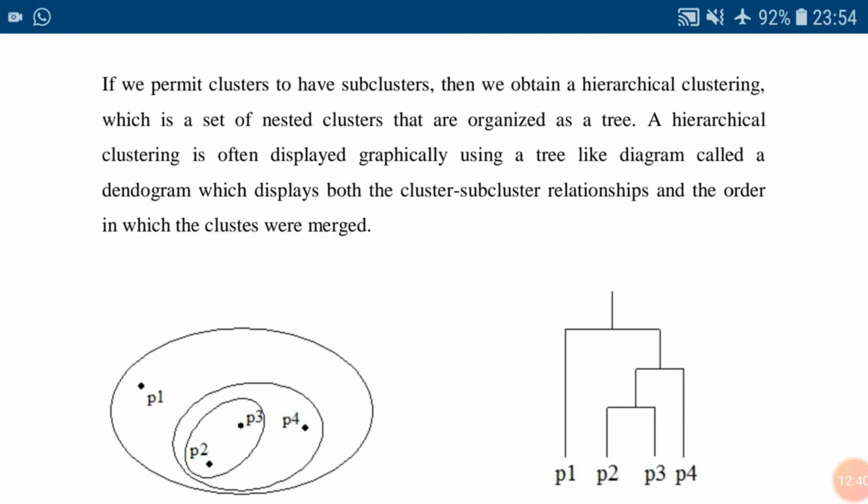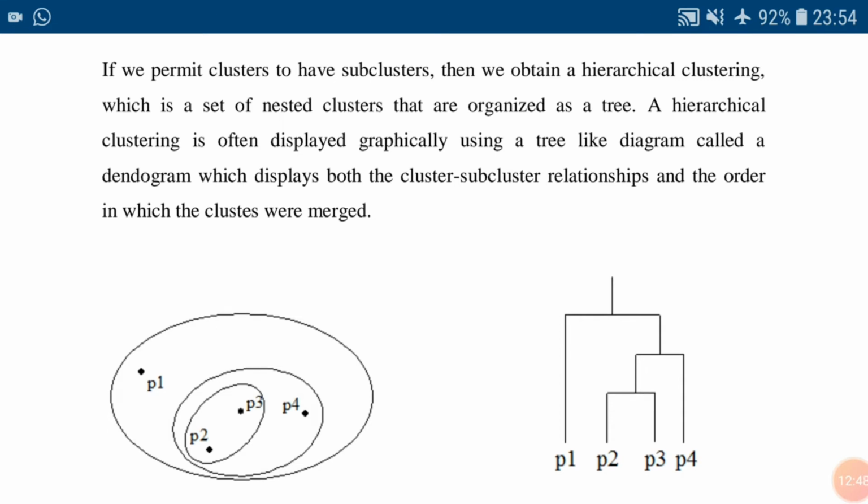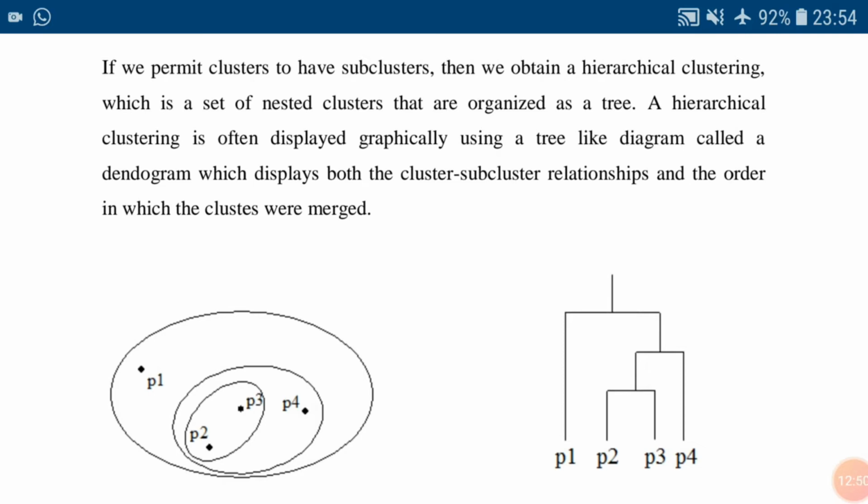Hierarchical clustering. If we permit clusters to have subclusters, then we obtain hierarchical clustering. Hierarchical, as we already know, is nothing but level by level. Here we have a set of nested clusters.